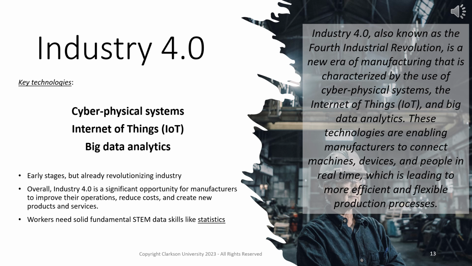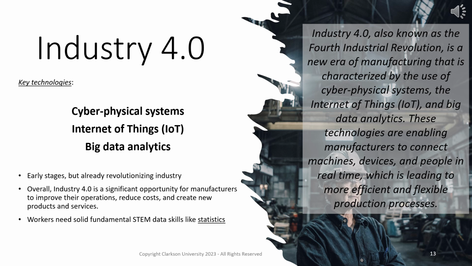Cyber-physical systems are physical devices that are embedded with sensors, software, and network connectivity. This allows them to collect data, communicate with other devices, and make decisions without human intervention. The Internet of Things refers to the network of physical devices that are connected to the Internet.